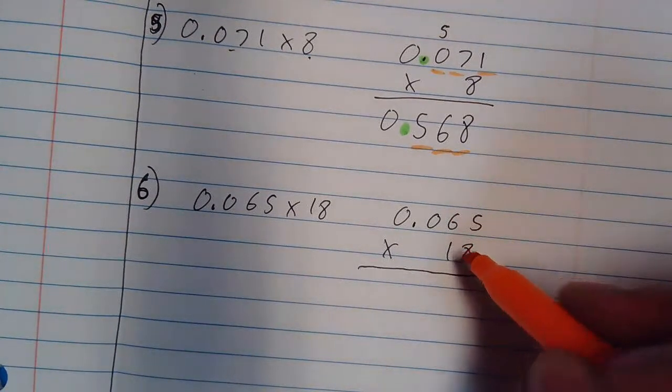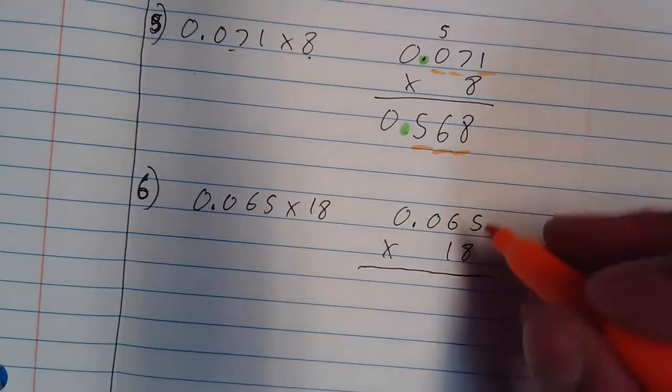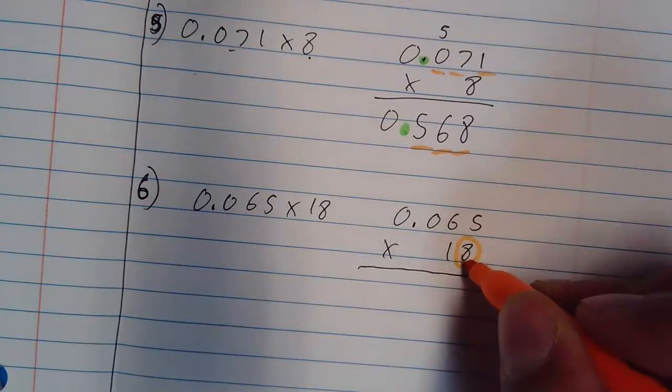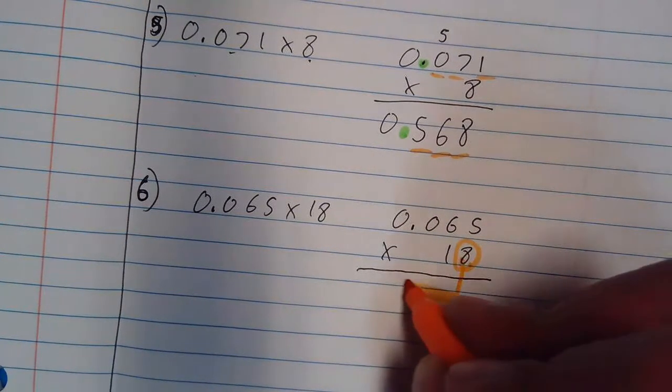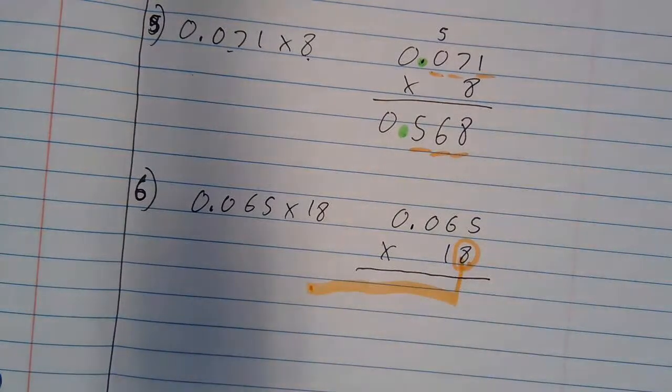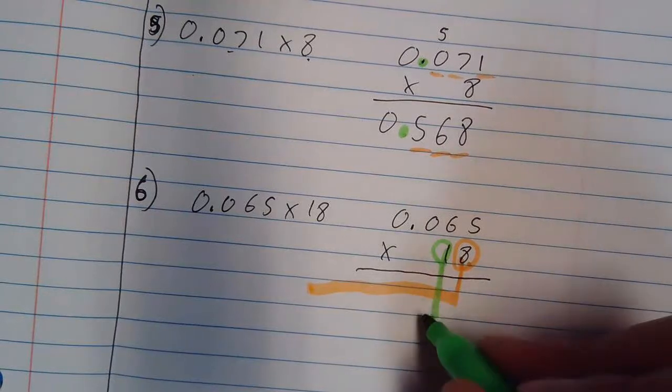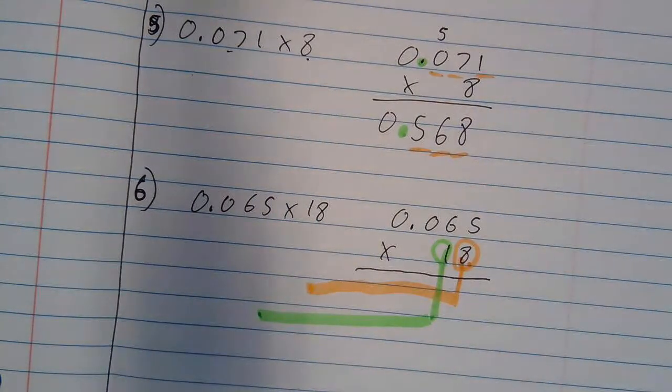You're multiplying by a whole number that has 2 digits in it, so some of you might think, oh my god, I don't know where this goes. Remember, you're going in order. You start here, and you're going to add all your digits on this orange line, if you will. Then when you're done, you're going to go with the green, and go right under that, and go this way, okay?